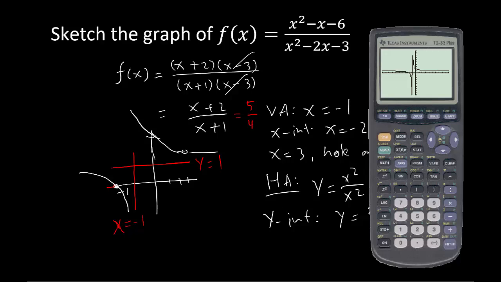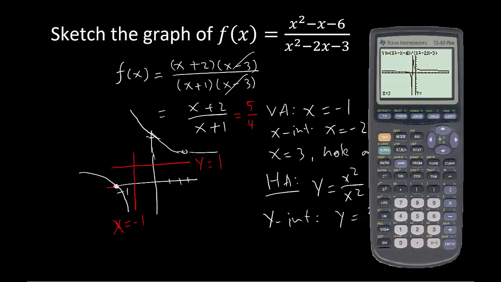Let's try this. Go to trace, negative 2, and we are expecting y equals 0. That's exactly it. So this is the x-intercept we see. Now let us look at what happens at 3. Definitely I should see undefined for y. Enter. See, y doesn't show any value. So we have a hole at 3. So this is the graph of this function, and we are done for this one.